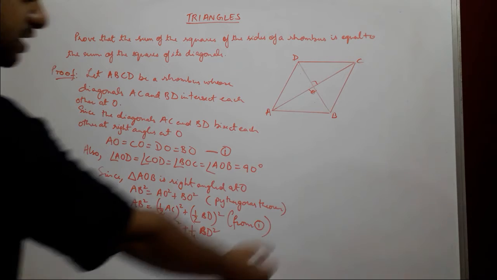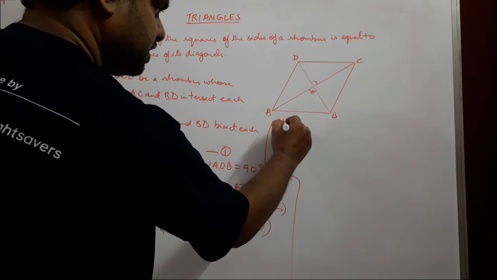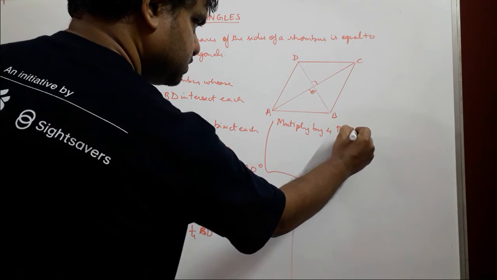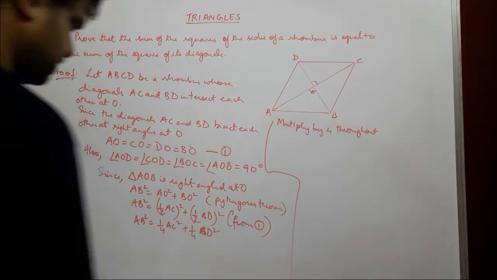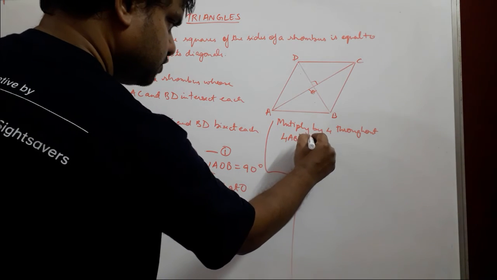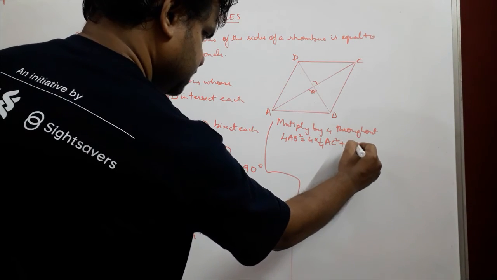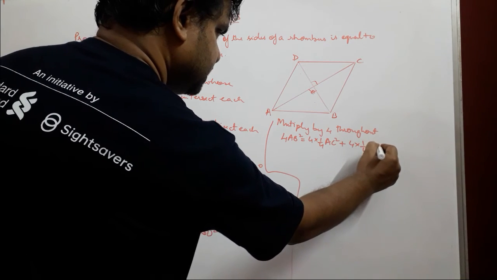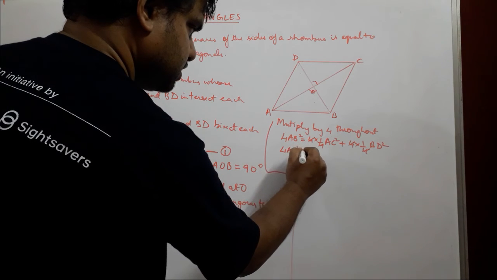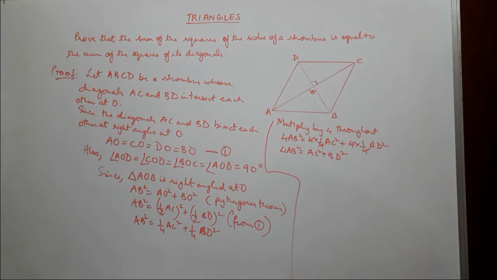So then after this, I'll multiply by 4 throughout, and we will get 4AB square equal to 4 into 1 by 4 AC square plus 4 into 1 by 4 BD square. 4 and 4 cancels over here, and we are left with 4AB square is equal to AC square plus BD square. Fine.